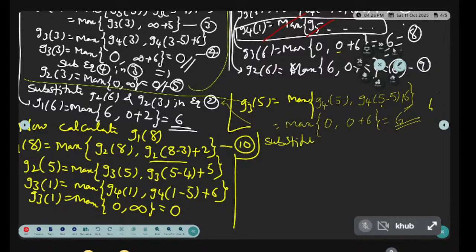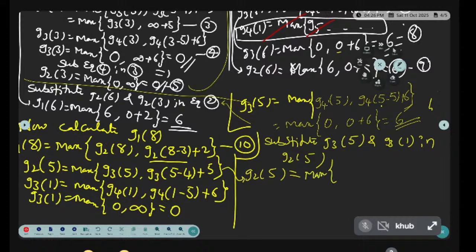Substitute G3 of 5 and G3 of 1 in G2 of 5. G2 of 5 is equal to this. This is equal to maximum of G3 of 5.